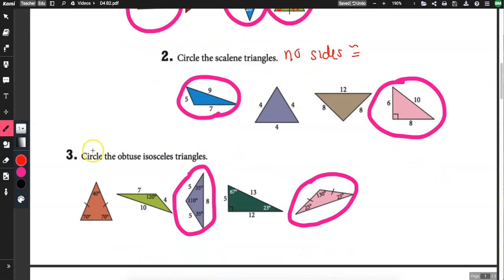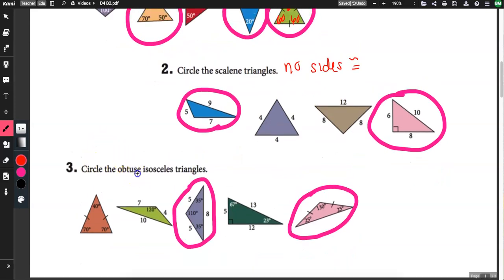And then number 3, we're getting into a combination. So obtuse isosceles. Obtuse means one angle that's greater than 90. Isosceles means 2 congruent sides. So both things have to be true in order to circle that triangle.